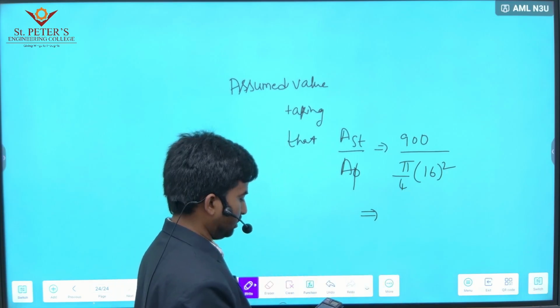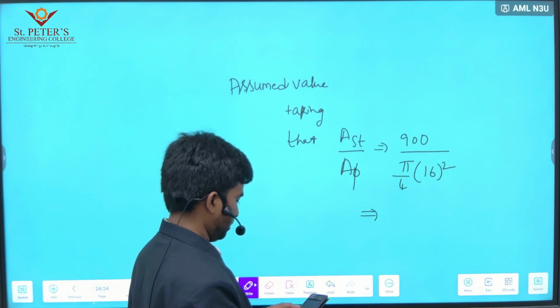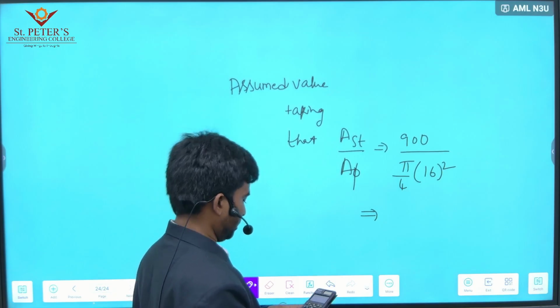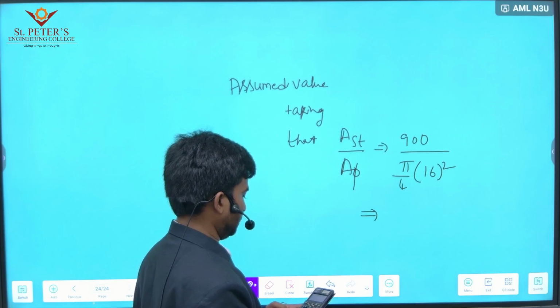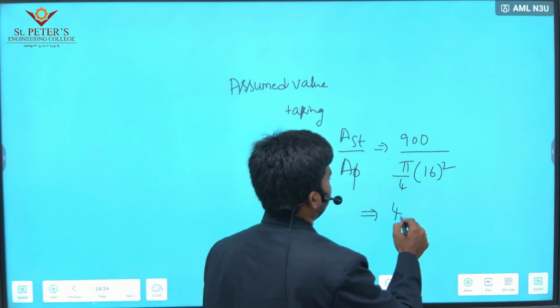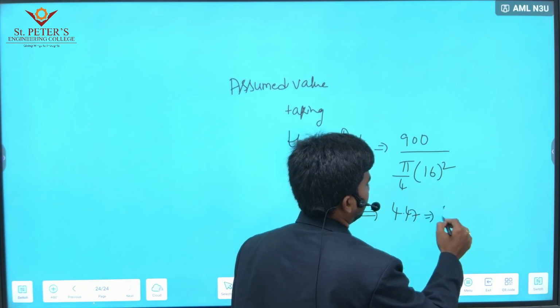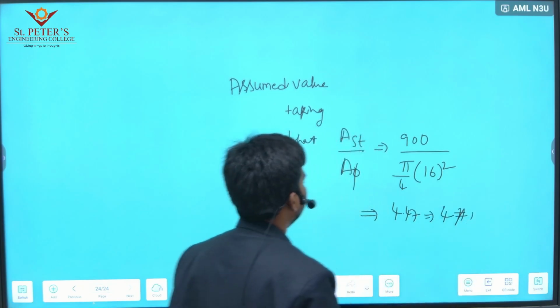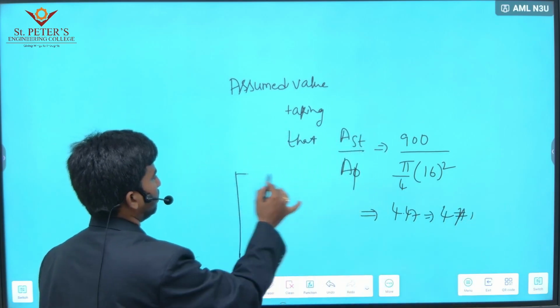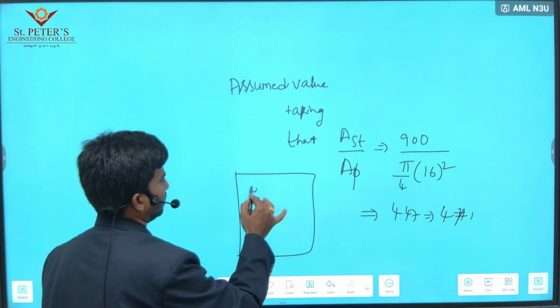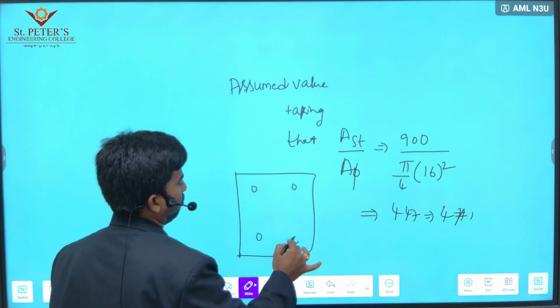So I am multiplying 900 divided by pi by 4 multiply with 16. Here we got 4.47, nearly 4 bars we are taking. So in the cross section of a beam we are taking the number of bars as 4 bars.